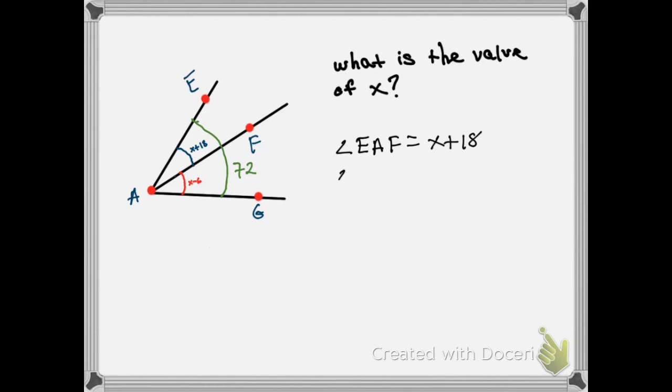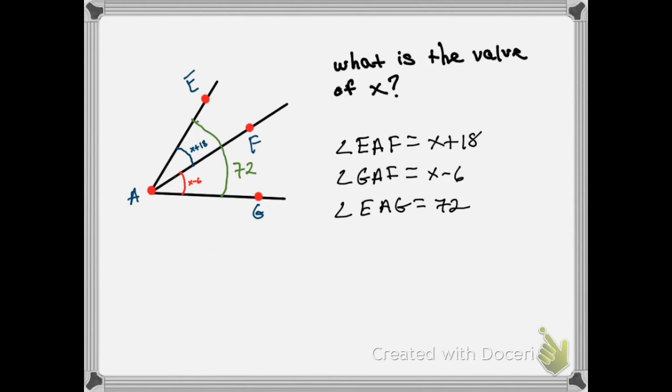Now I also have angle GAF, and that angle is X minus 6. Lastly, I have angle EAG, which measures 72 degrees. Well, the question is, what is the value of X?